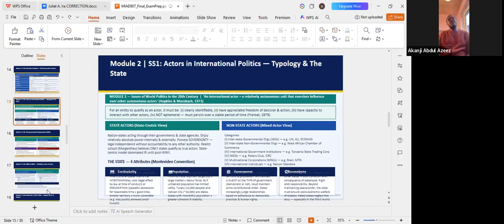Now, when we talk about non-state actors, they are political, social, economic, or military players that operate across or within borders but are not sovereign states.